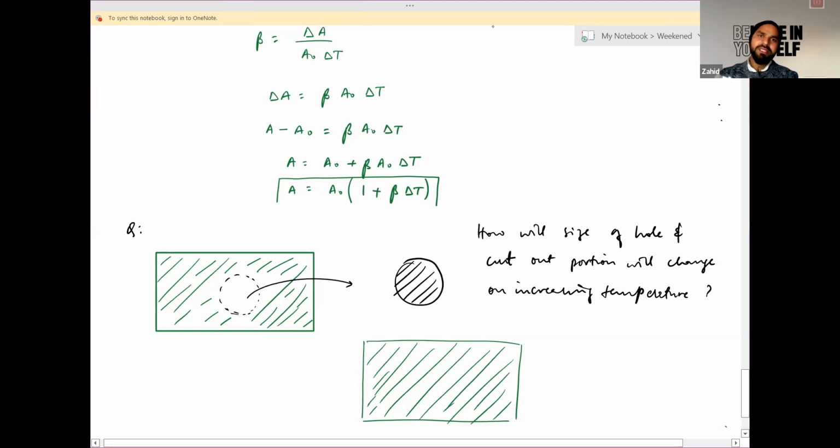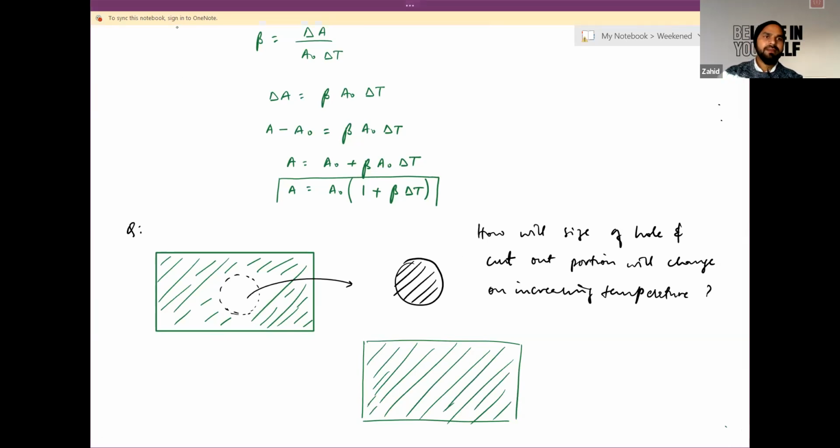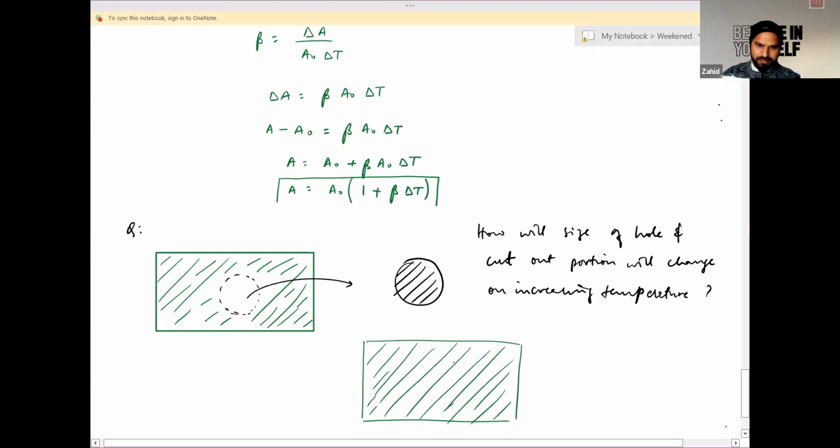Now, if you increase the temperature, let's say we take a mark on it like this. How will this mark's position change on increasing temperature? Whether it will increase or decrease? You will say it will increase linearly, in proportion.